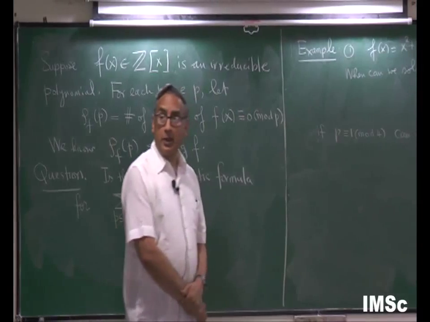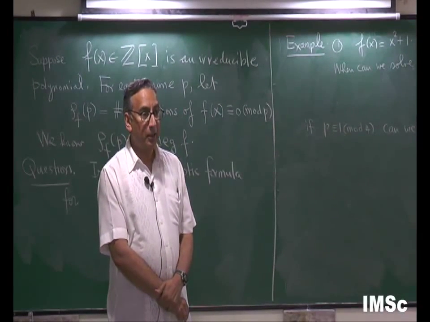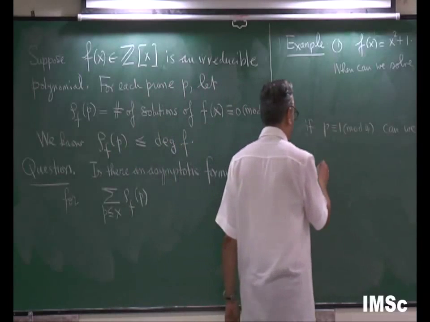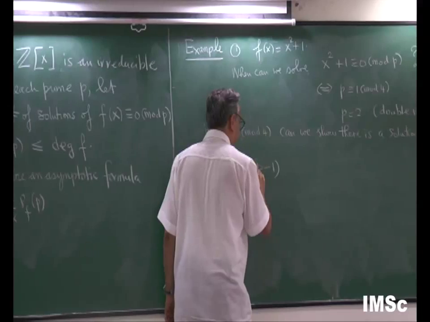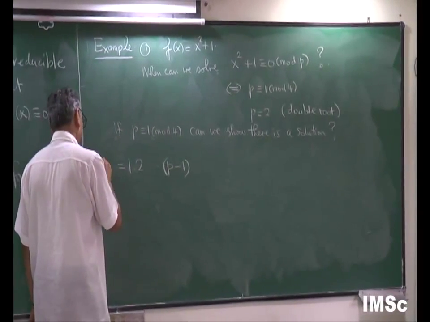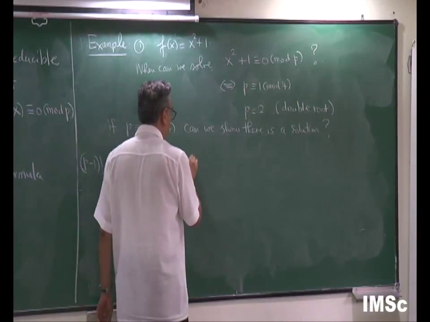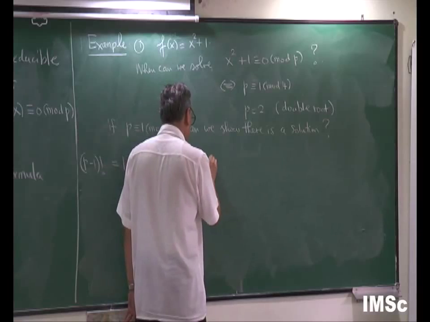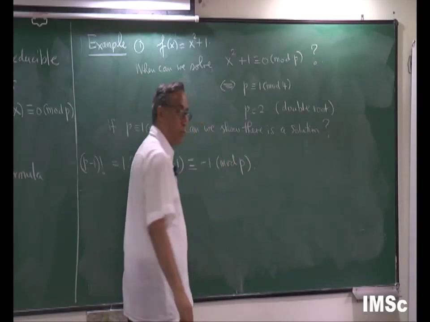Does Wilson's theorem ring a bell? If you take a prime p, you multiply 1 up to p minus 1, that's p minus 1 factorial. It's always congruent to, exactly, minus 1 mod p. And how do you prove that?